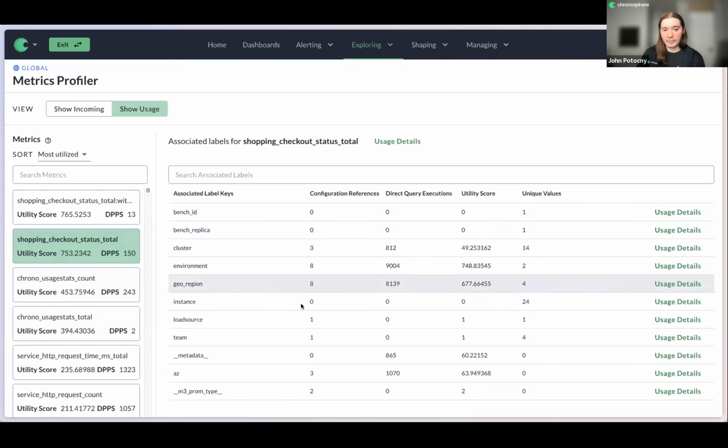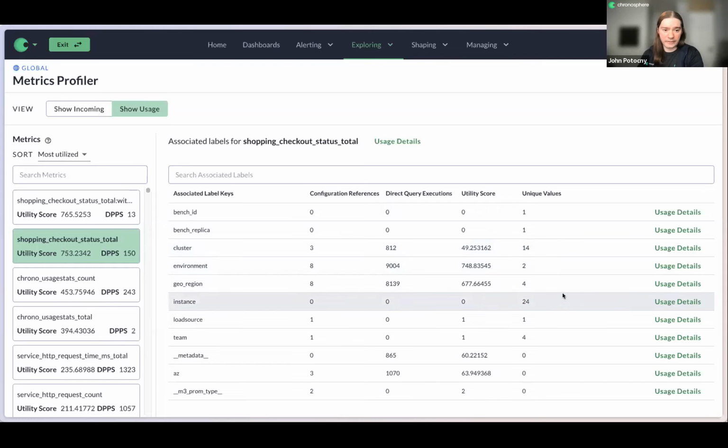I can see on a per dimension basis, configuration references, executions that involve that dimension. We calculate a per dimension utility score. And you can also see the cardinality of each dimension as well. So each label for your metric, its cost is being considered here in relation to the value that the team is getting from it in practice.